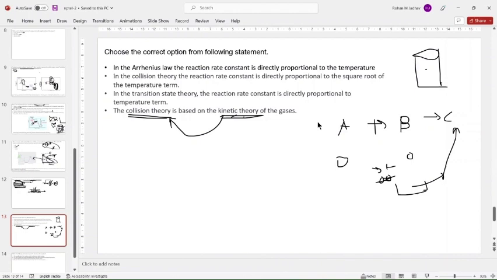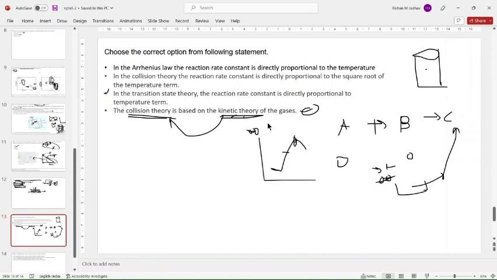Then next we have, in the collision theory, the reaction rate constant is directly proportional to the square root of the temperature. Since it's based on the kinetic theory of gases, whenever you define the collision of two gas molecules, you are going to use their mean square, the root mean square, RMS.